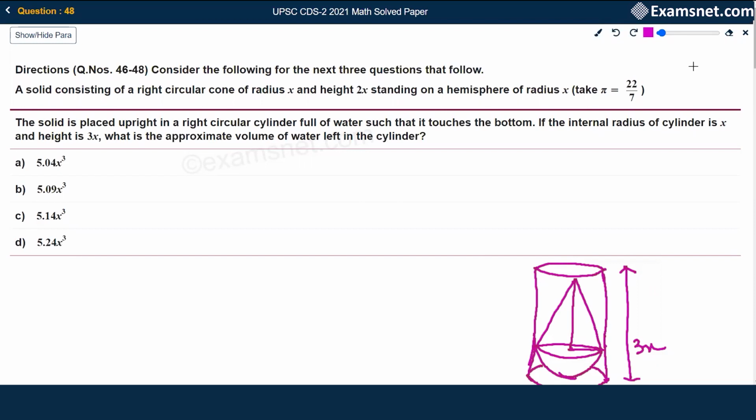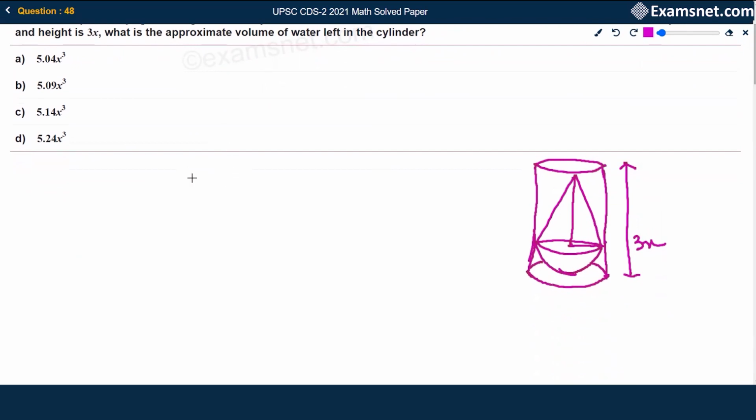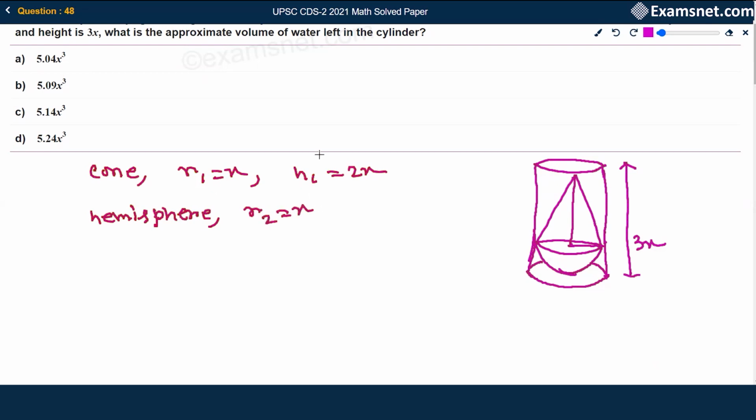First, let me list down all the given information. For the cone, the radius is x and height is 2x. For the hemisphere, the radius is x, and radius and height are the same. For the cylinder, the radius is x and height is x plus 2x, so it becomes 3x.